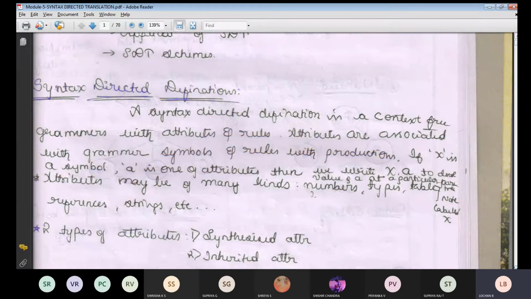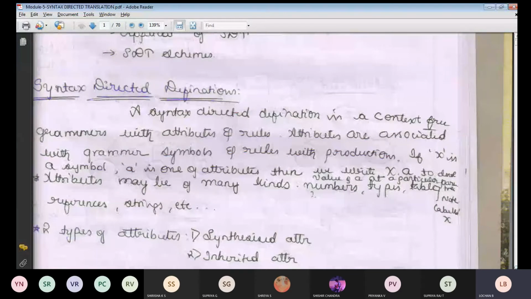Whenever we write the CFG, along with the CFG we represent your attributes as well as your rules. Attributes are your grammar symbols, so whatever symbols we get, we include in the attributes part. A rule is a production part.